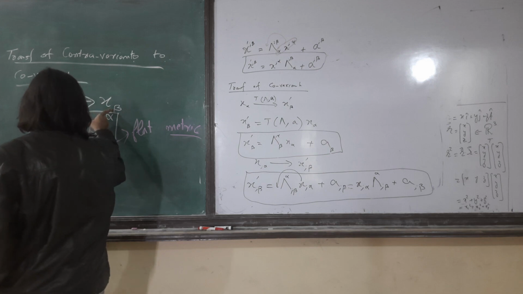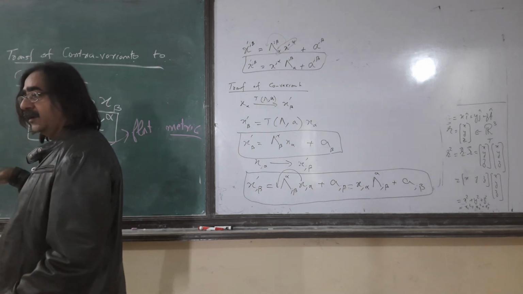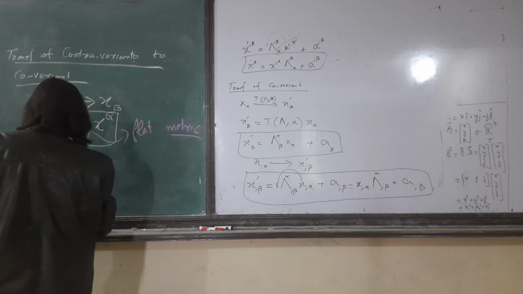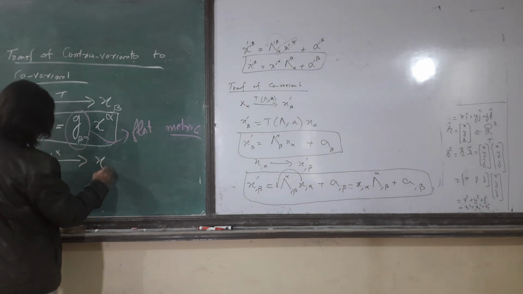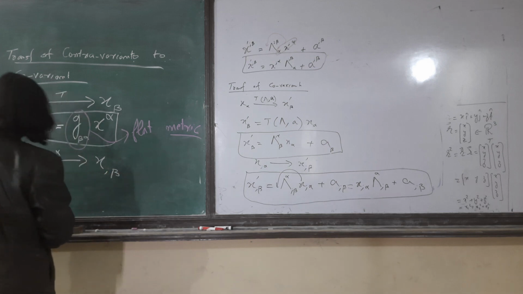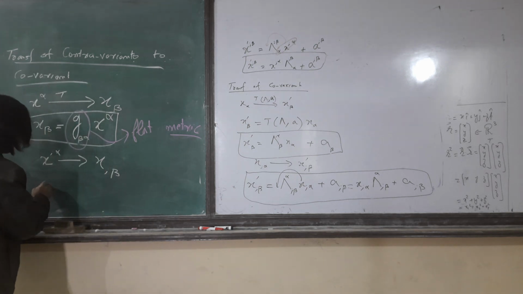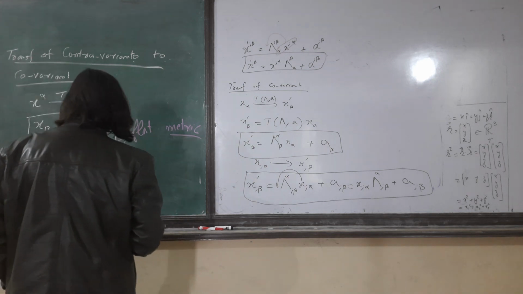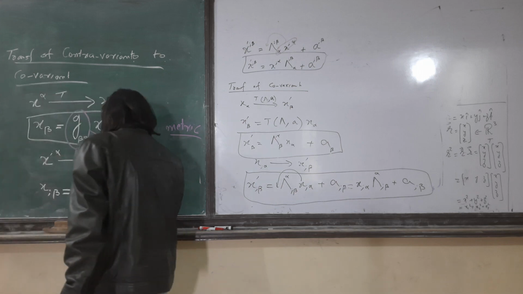Row will be transformed into column? Row will be transformed into row and column transform into column. x beta... so this is column.